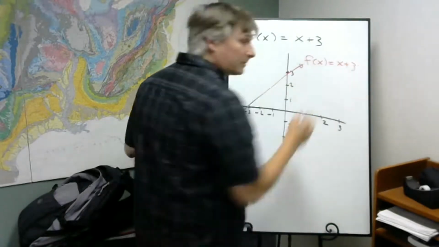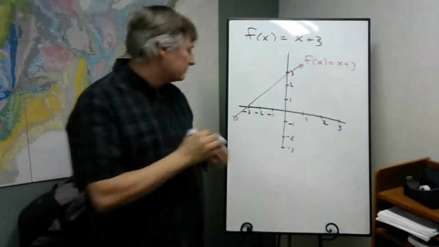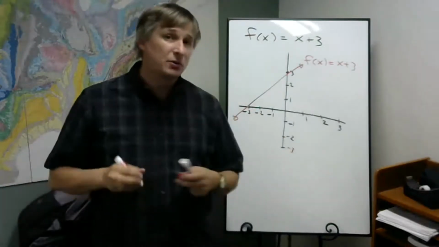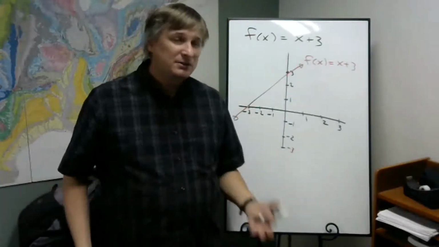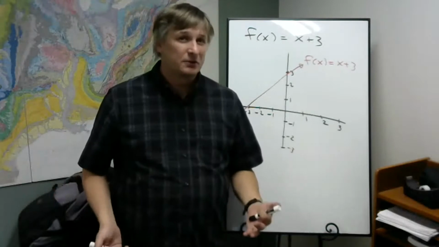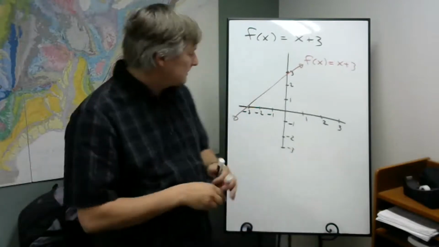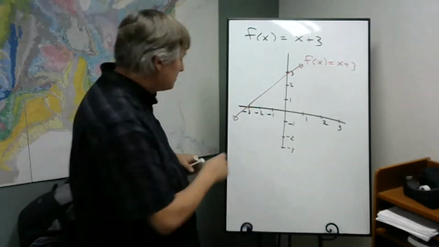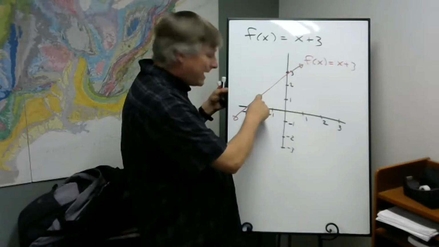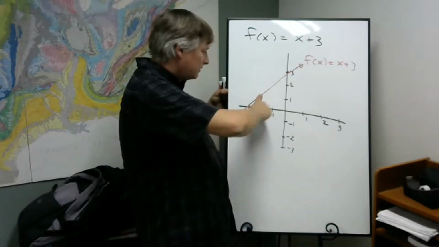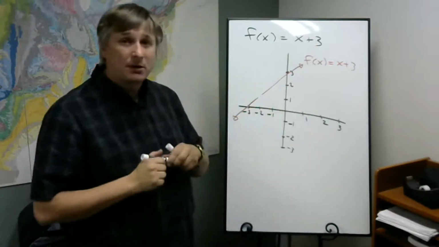But I'm not done yet. Remember, this is not in our domain. So that means it's not an allowable value for x. So that means where x is -2, there has to be a hole.